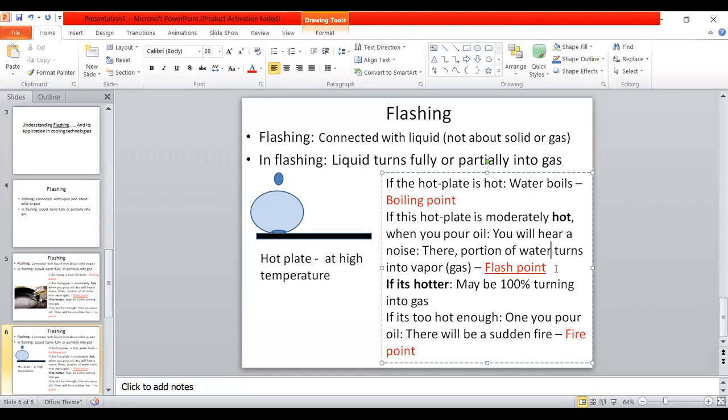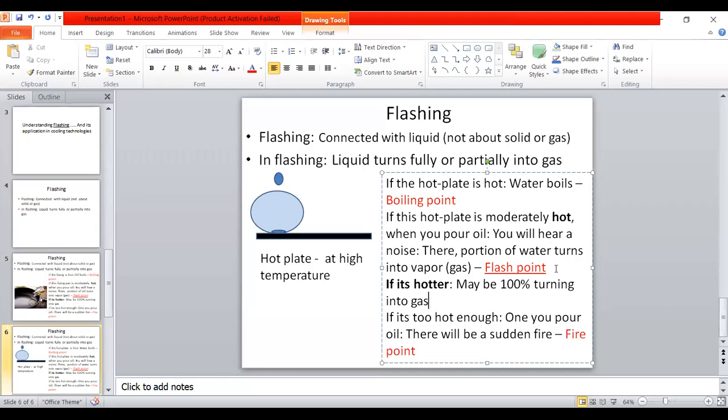Or if it has a sizable, uninterrupted heat supply, then maybe continuous, meaning suddenly all the liquid turns into 100% vapor. Just imagine, no need for much argument, just imagine. 100% turning into gas, meaning no more liquid.